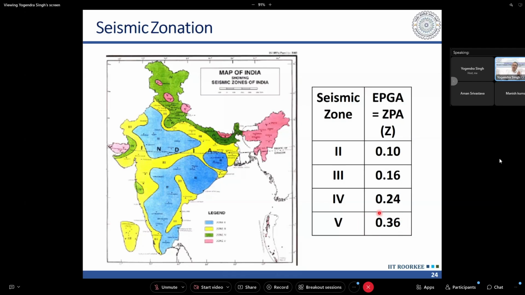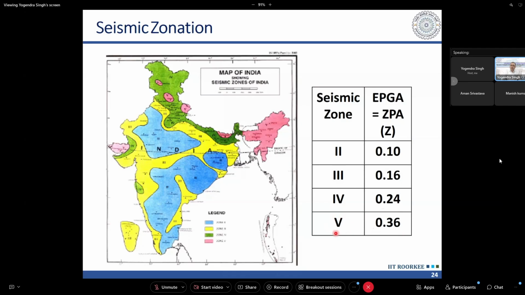So 0.36 g is the mean value of zero period acceleration, which is obtained from DSHA, because currently the code is based on DSHA. So using DSHA, this value of 0.36 g in zone 5 has been obtained. So we have to keep in mind that this is what is obtained from DSHA.